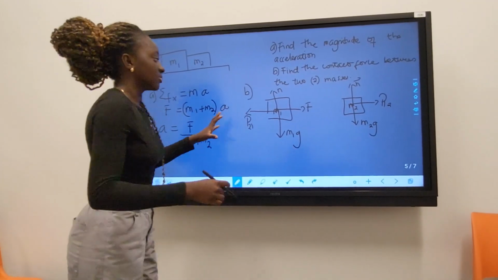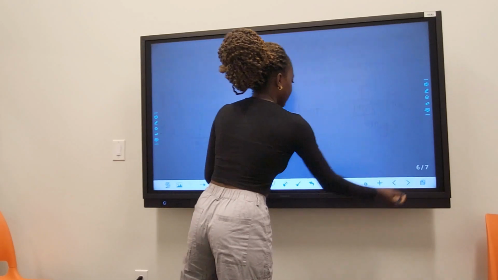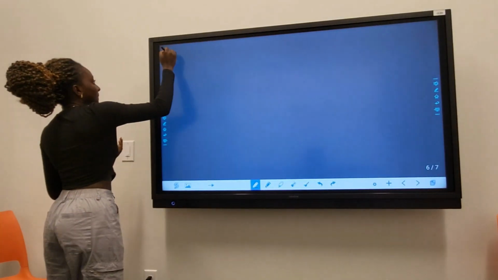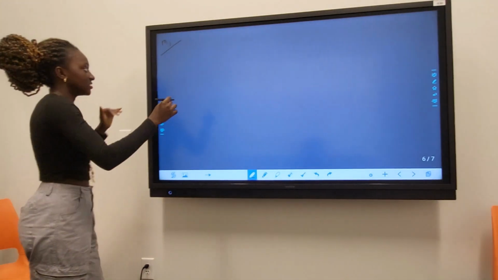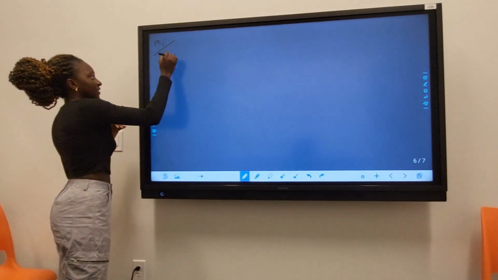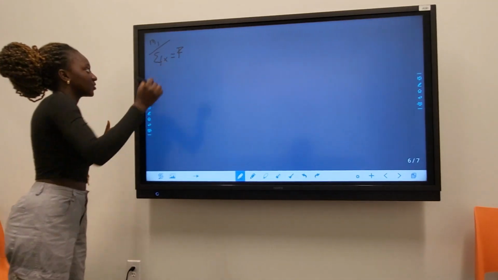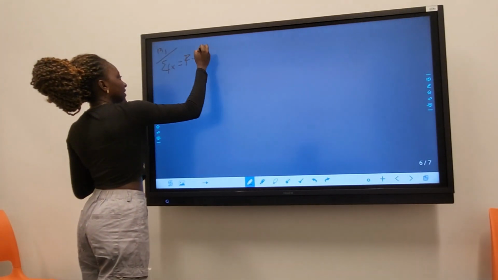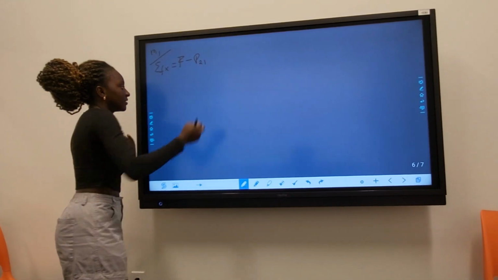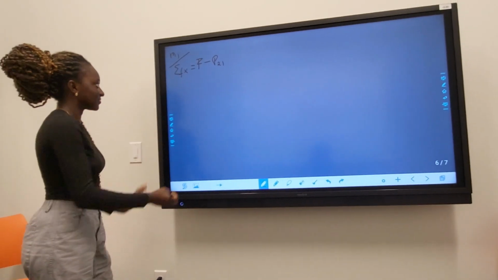Okay, so now we need to resolve these forces acting on m1. For m1, the forces in the x direction, we have the summation of Fx, which is equal to F, because F is acting in the positive x direction, minus P21, because that was acting in the negative x direction.